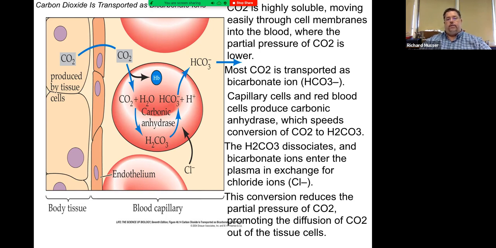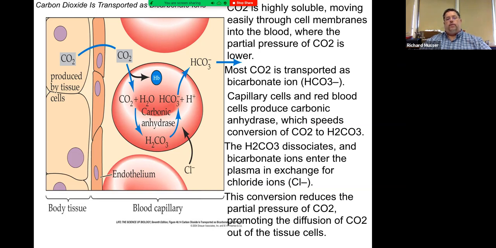Carbonic anhydrase is actually what's going to convert carbon dioxide with water into bicarbonate and a hydrogen ion. So the hydrogen ion and bicarbonate will balance out. And that's important for other parts of your body in controlling blood pH or tissue pH and so forth.